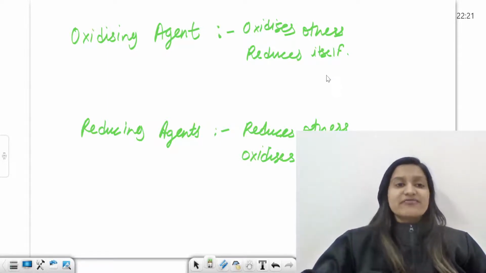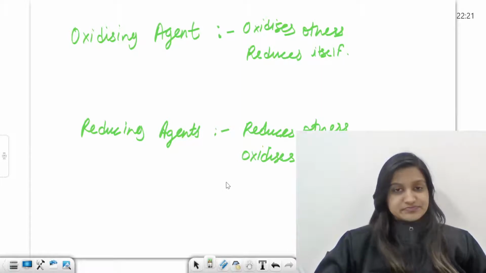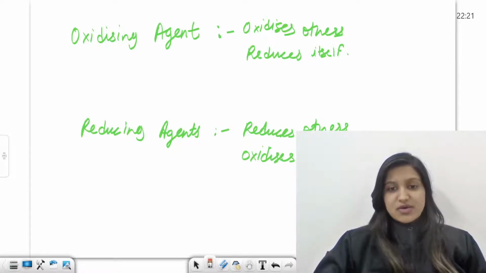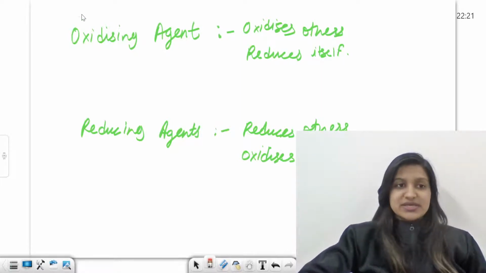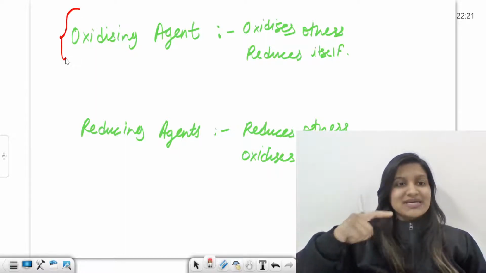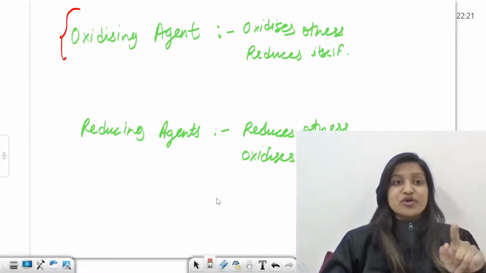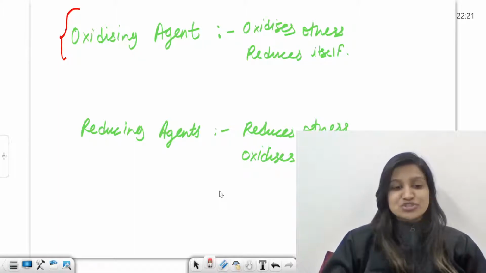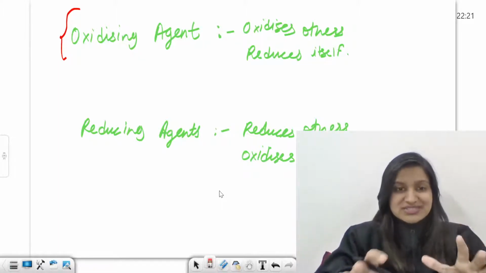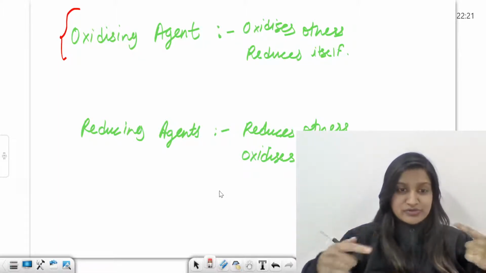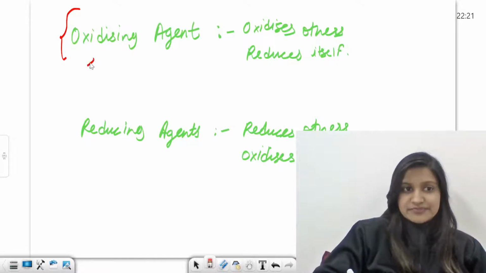Now if the oxidizing agent is oxidizing others, what would it do? It would easily gain electrons. The oxidizing agent will easily gain electrons.